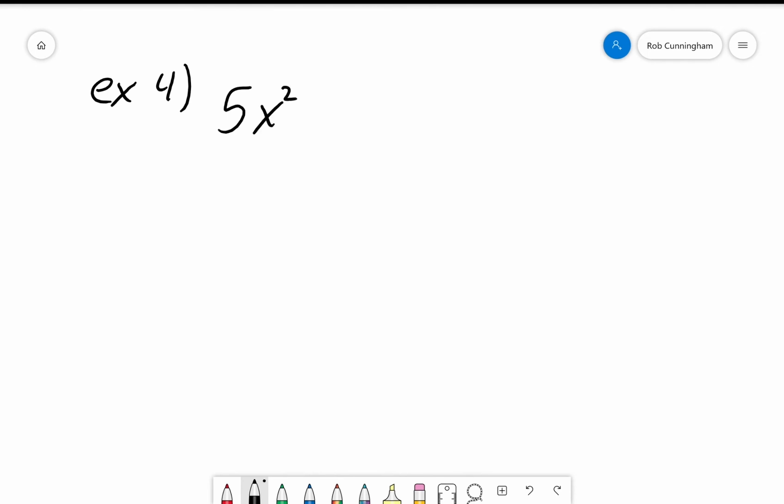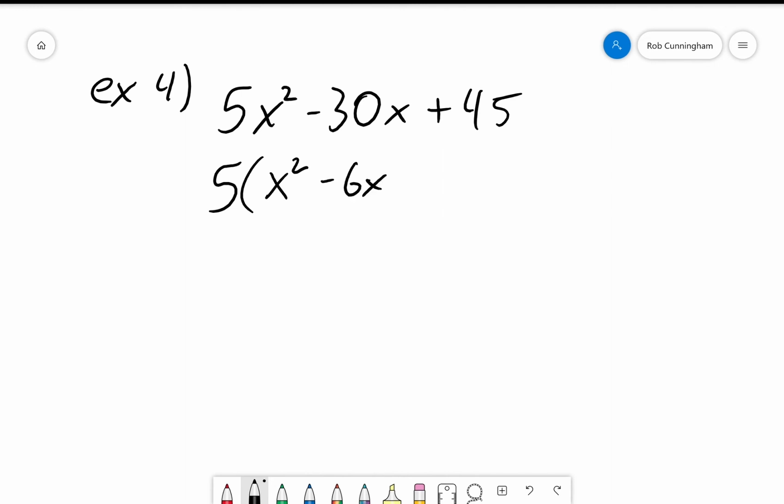5x squared minus 30x plus 45. Okay, step 1, it looks like there's a 5 that I can factor out of all 3 of these terms. So I get 5 times, okay, well 5x squared divided by 5 is just x squared. -30x divided by 5 is -6x. 45 divided by 5 is positive 9.